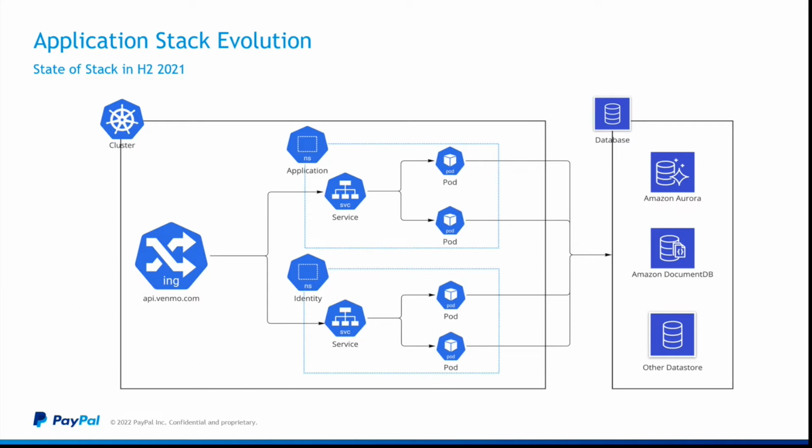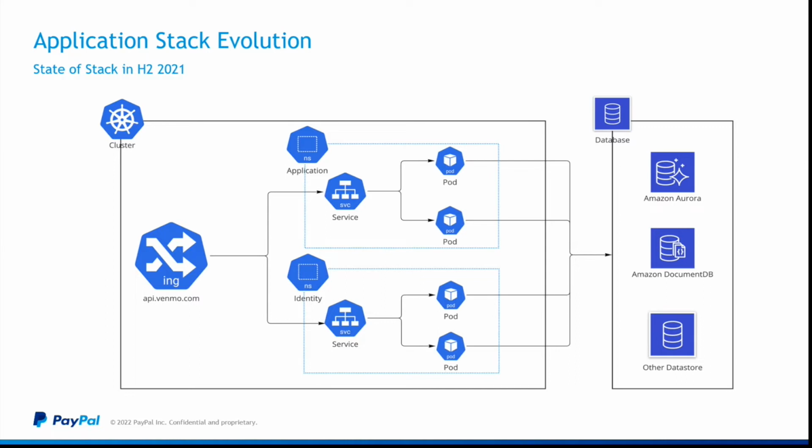Now we can see that we added some new pods by adding the new namespace for identity, and it didn't make much change to the number of pods running in the application namespace. That means now we have more pods running, thus more application processes running, and thus we'll have more connections on our data source.